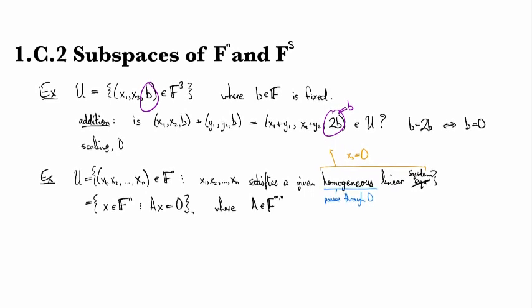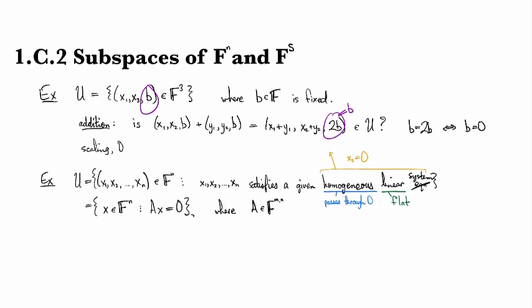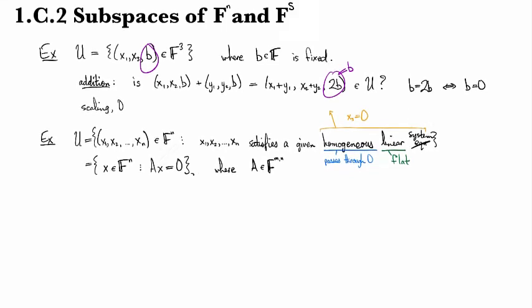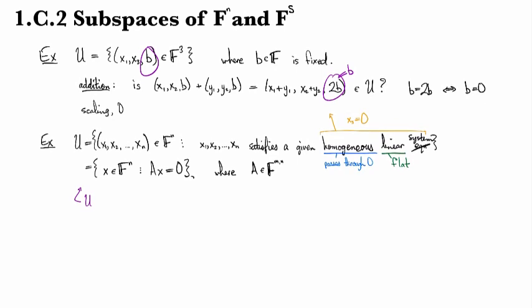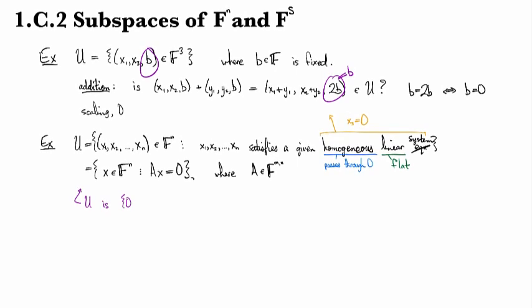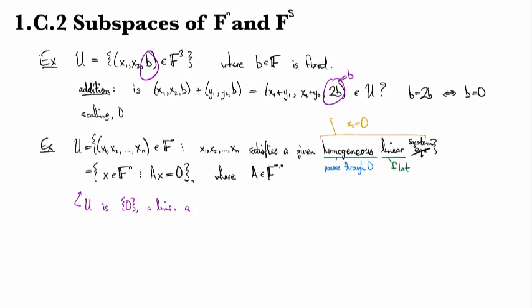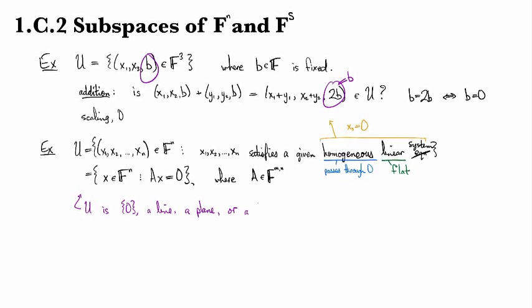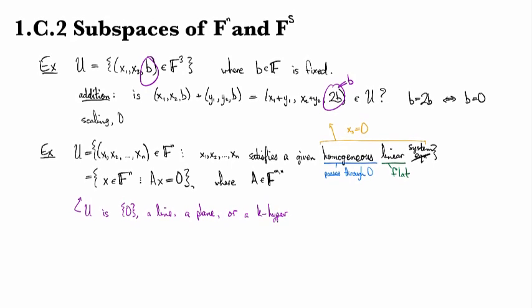And the fact that these are linear equations means that the resulting shape of a vector space is that it has to be flat. It's not going to be curved. As a consequence, subspaces are going to look like the 0 space, or a line, or a plane, or some higher dimensional version of a plane, which we call a k-hyperplane.